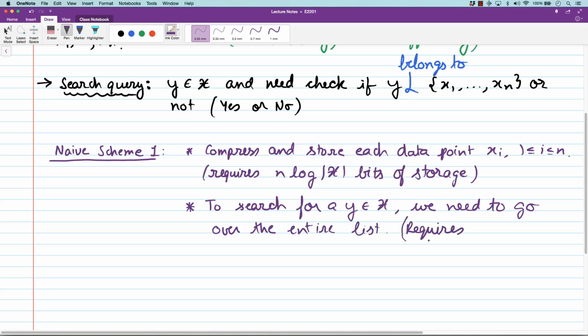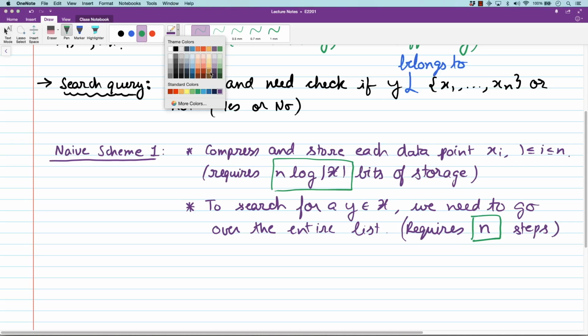Requires n computational steps. Okay, I can put order n, but n steps. Okay. So that's scheme 1. Memory wise, it is quite efficient, just requires n log |X| bits, just n words need to be stored, but computationally also it requires n steps. This is the first scheme.